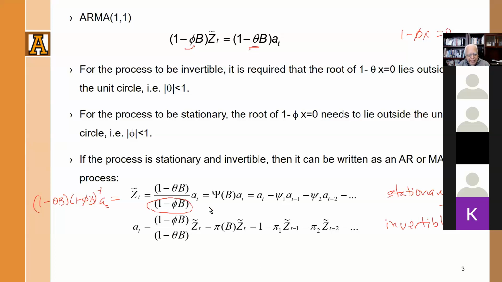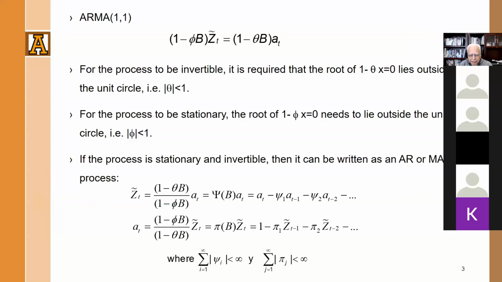Because if it's stationary, I can compute this, and the mean and the variance will converge. And if it's invertible, I can compute this also, because theta will be less than 1 in absolute value. So because of stationarity and invertibility, the sums of the absolute values of the psi weights and the pi weights converge.